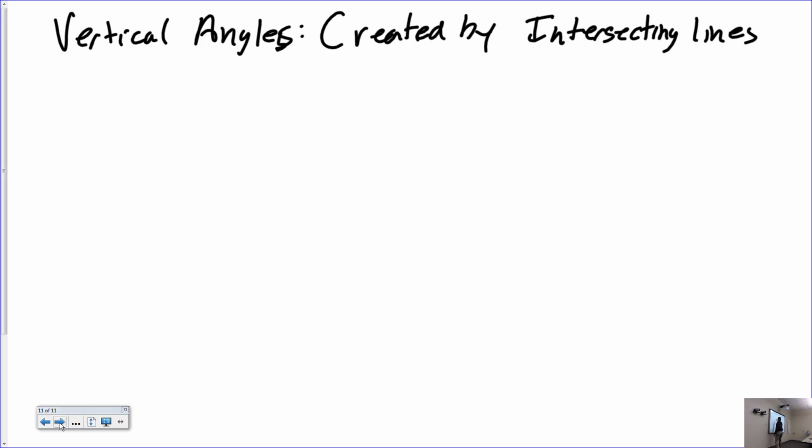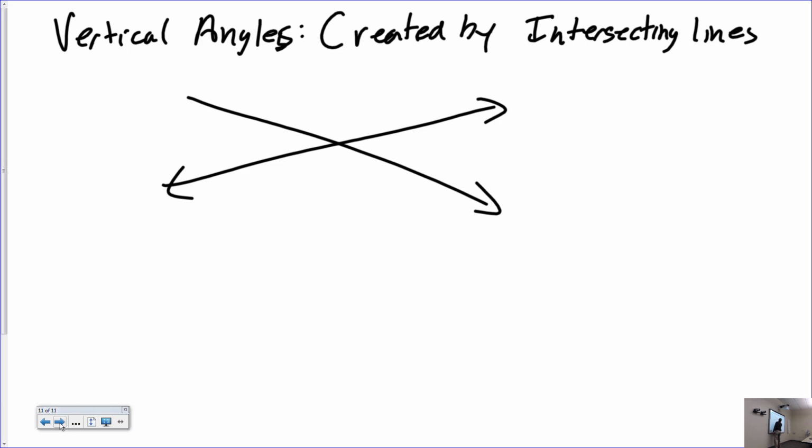So when you have a line, and you have another line, how many angles did those lines create? 4. There are two pairs of vertical angles. Guess what the vertical angles are going to be? Yeah, the ones across from each other.